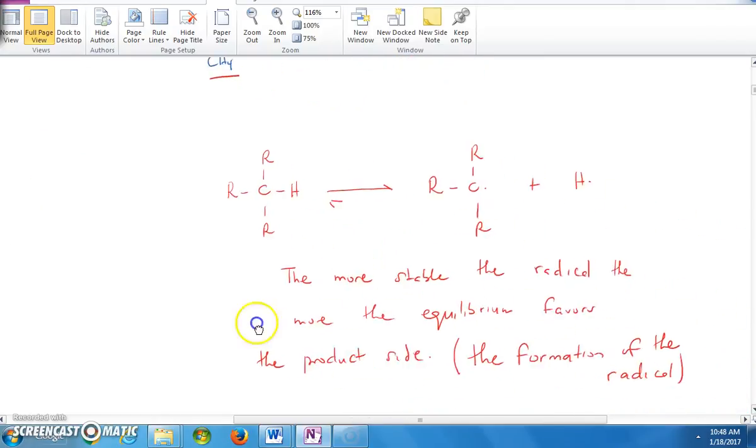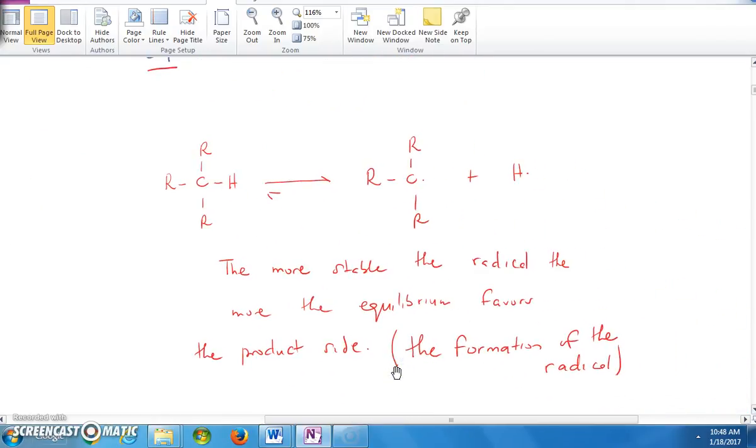As you look at my little example here, consider a tertiary carbon that is connected to three other carbons. The breaking of the bond is going to be product favored, because it forms a more stable radical. The equilibrium will favor the product side because this is more stable.